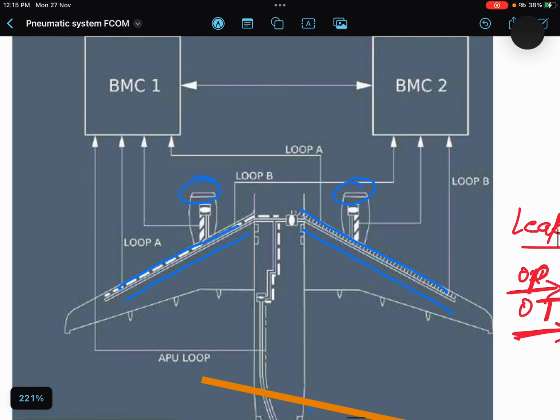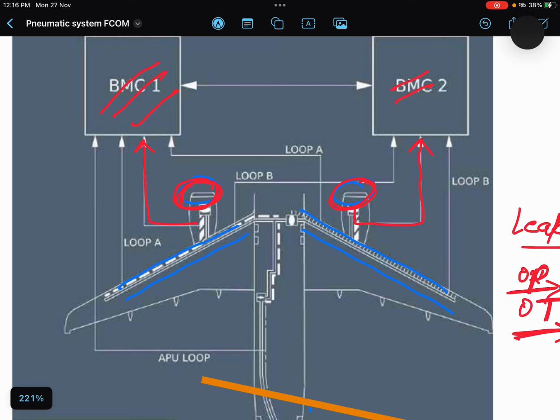So guys, your left hand engine pylon loop is connected with BMC1, right? Your right hand engine pylon loop is connected with BMC2. There is no standby. If BMC1 fails, your left hand side engine leak detection is lost.